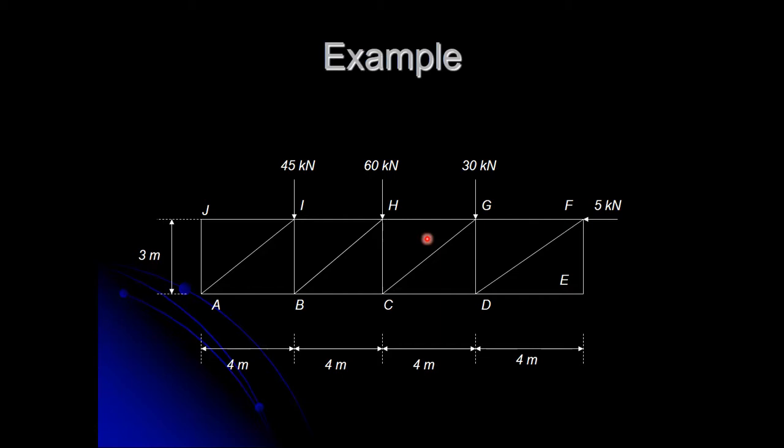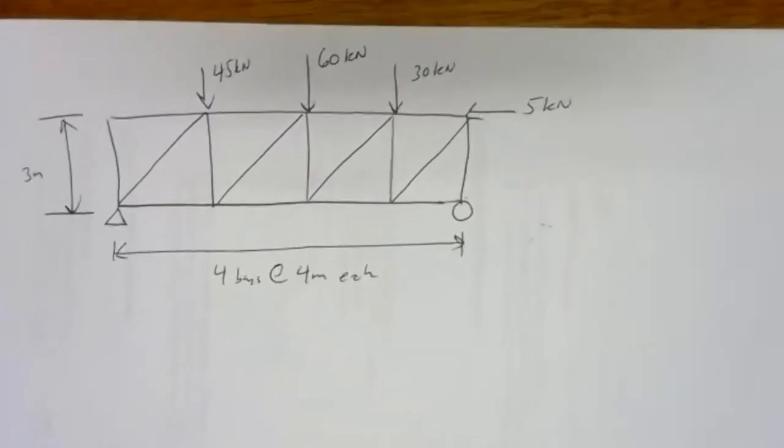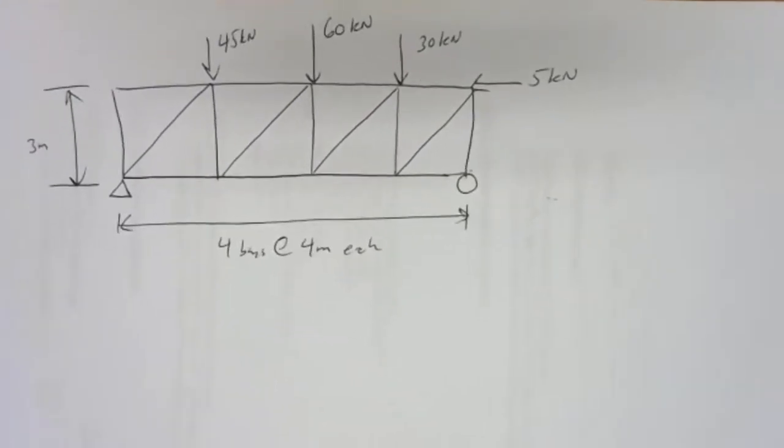We've got 45 kilonewtons. Got 60 kilonewtons. We've got 30 kilonewtons. And just for fun, a 5 kilonewton force. And that should do it. So let's take a look at that on the page. There we are.